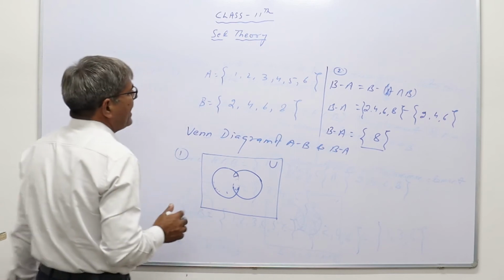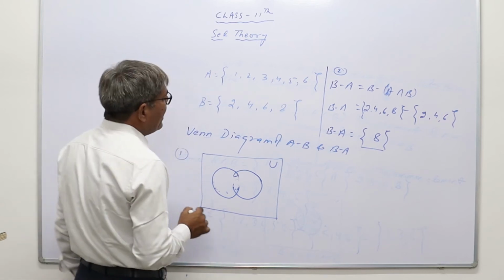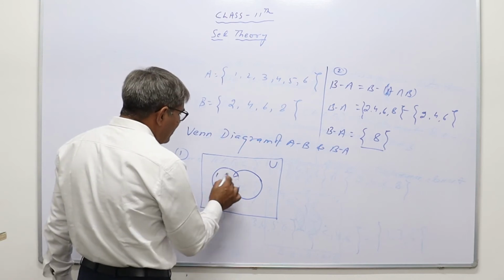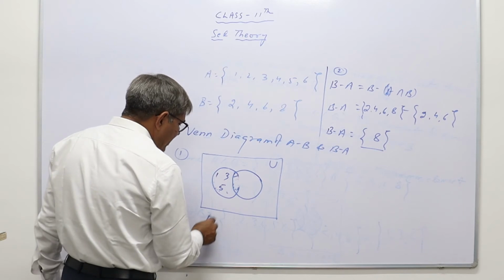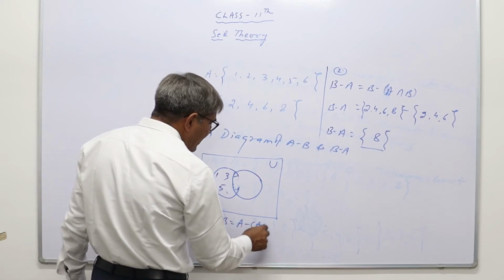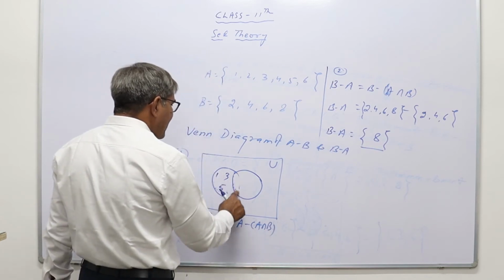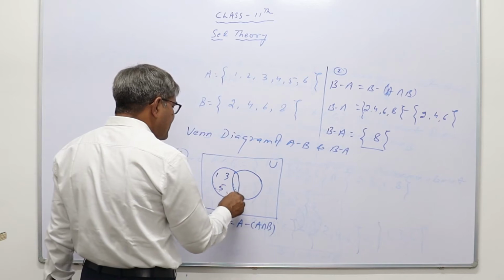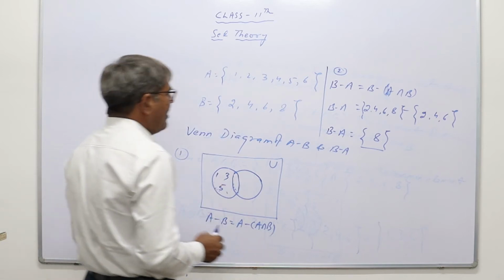A minus B is 1, 3 and 5. So here we will write 1, 3 and 5. So these are the A minus B. So A minus B is equal to A minus of A intersection B. Meaning first we find the common elements and then we subtract them. So the remaining elements are only 1, 3 and 5.